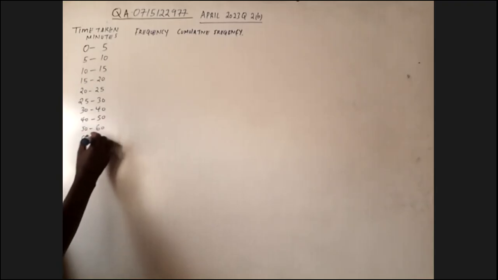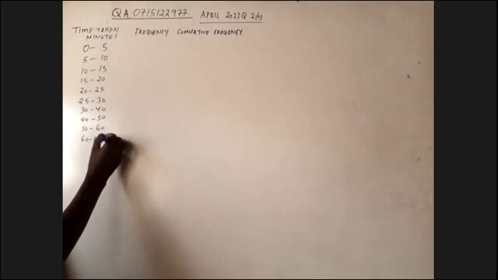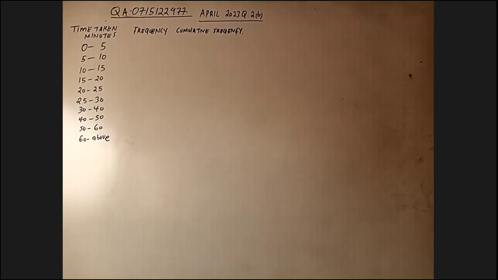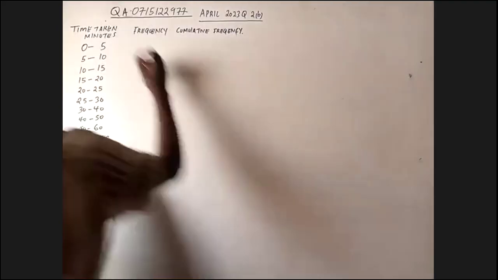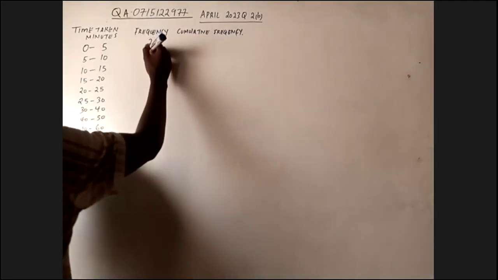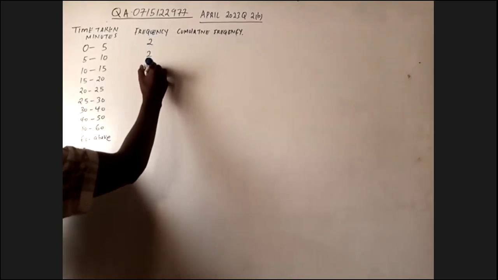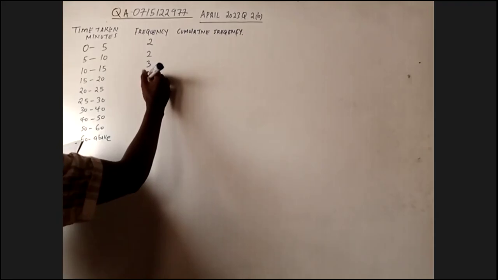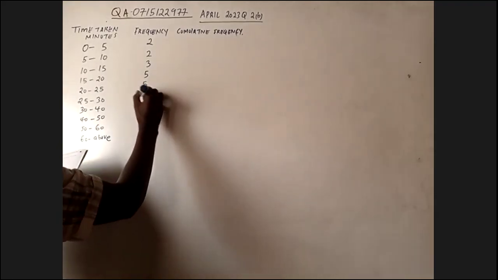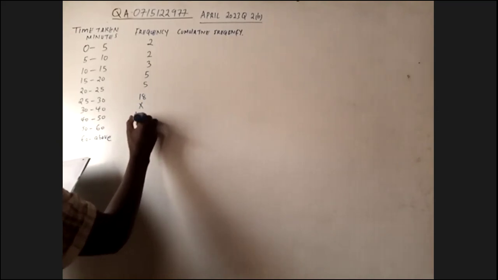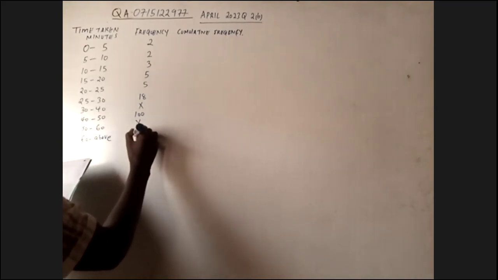Then 60 and above. Frequency, we have 2, 3, 5, 18, X, 100, Y, and 15.